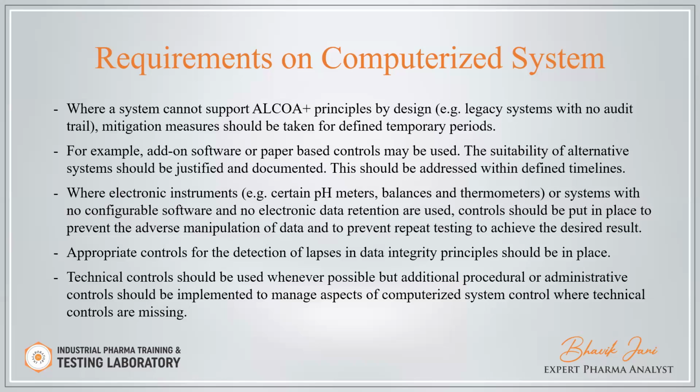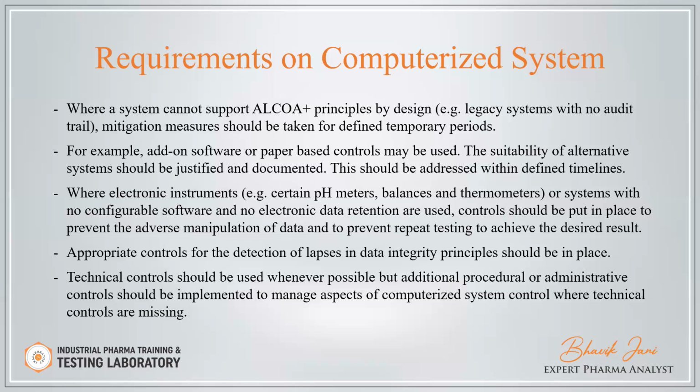procedure control. Where the electronic instrument, such as the pH meter, balance, thermometer, or system has no configurable software and no electronic data retention, the control should be put in place to prevent the adverse manipulation of the data and prevent repeat testing to achieve the desired result.